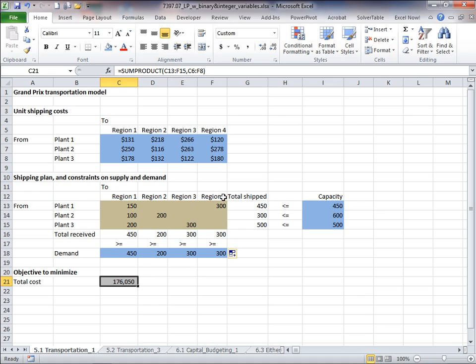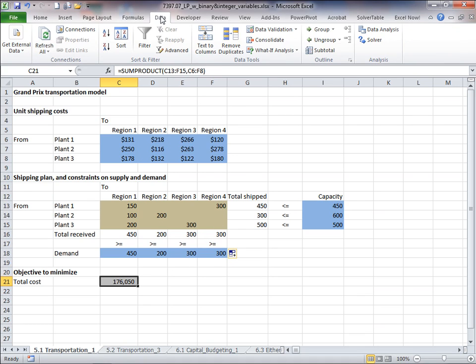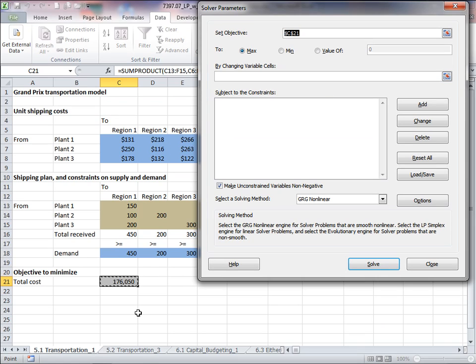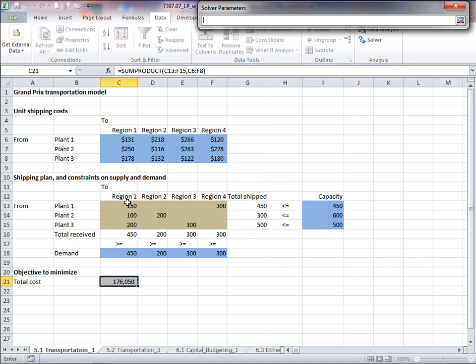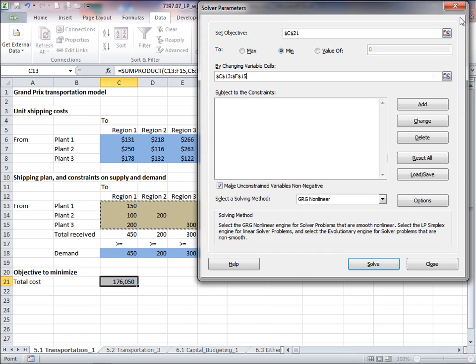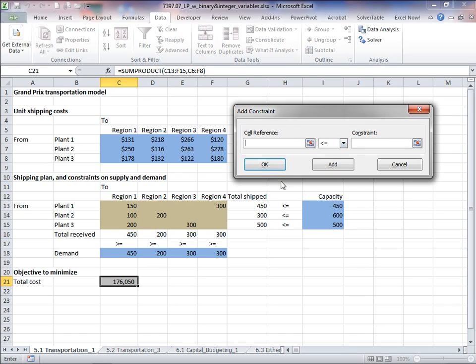Okay, so now I'm ready to set up my Solver model. My Solver model says, there's my objective function. I want to minimize it. I want to do that by changing the cells in this table, subject to the following constraints.